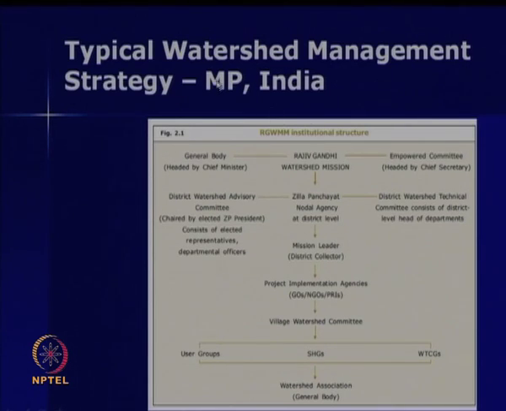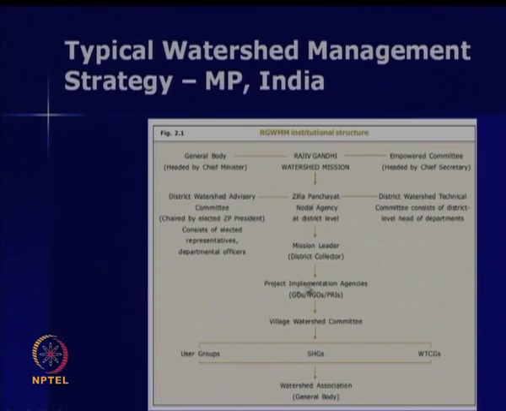Now, if you consider a typical watershed management strategy under the umbrella of the Rajiv Gandhi Watershed Mission, the government of India has implemented many schemes in various states. For example, in Madhya Pradesh, this is a mission under a nodal agency at district level, where the mission leader will be the district collector, and inputs from the district watershed technical committees and district watershed advisory committees are considered.